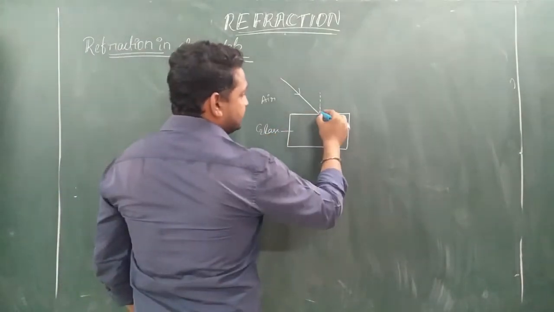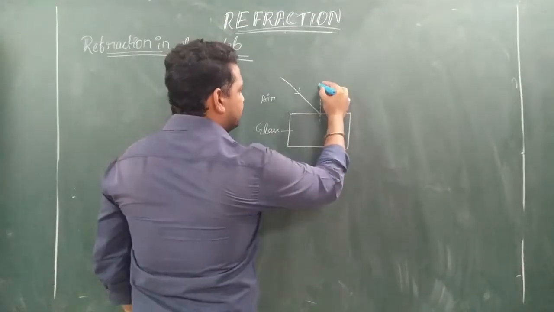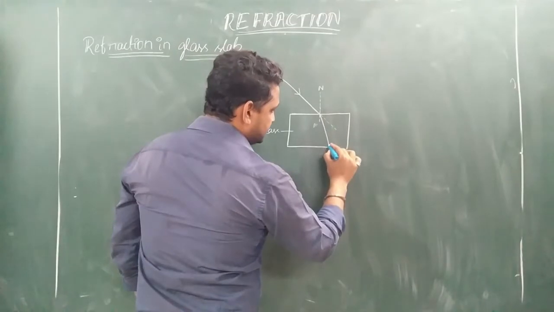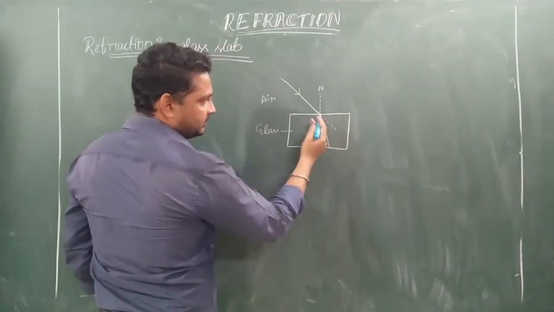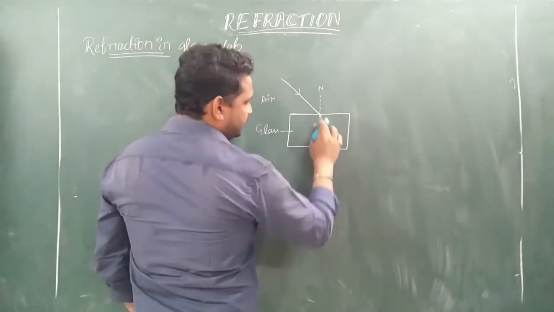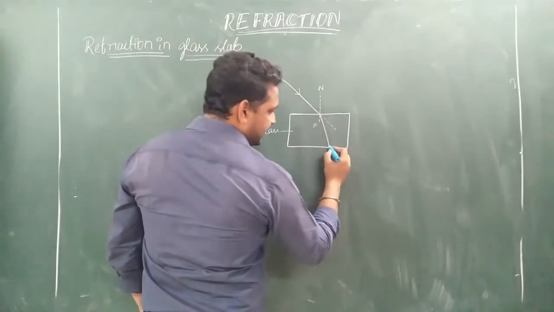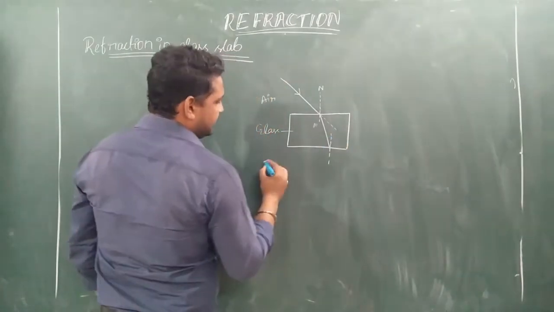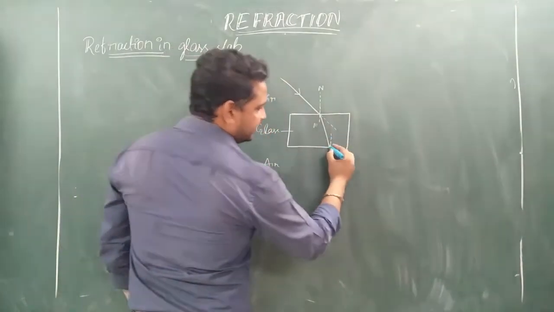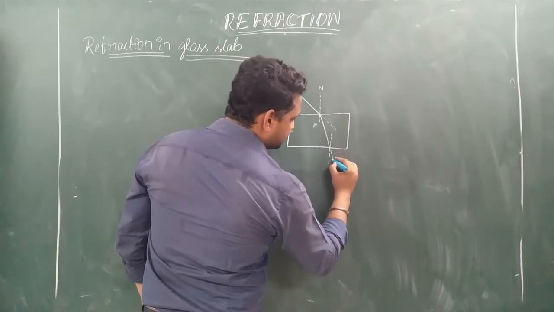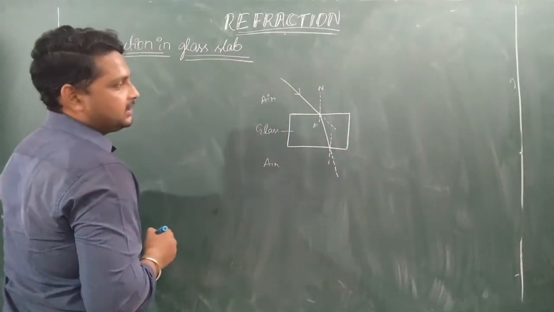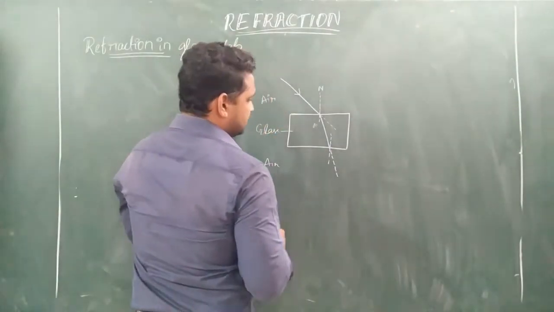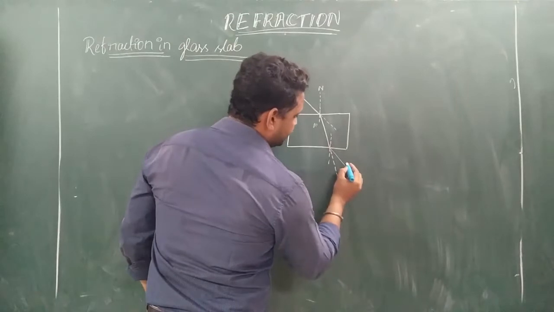Which side would the ray bend? It would bend towards the normal, and it will move up to this surface. Now the light ray again changes medium, going from glass to air. This should be the path, but instead it will move away from the normal, so it will move in this way.